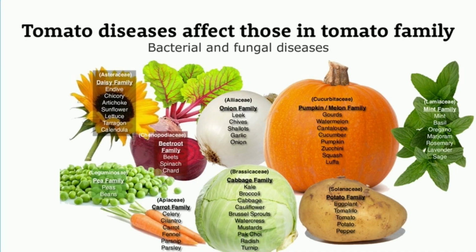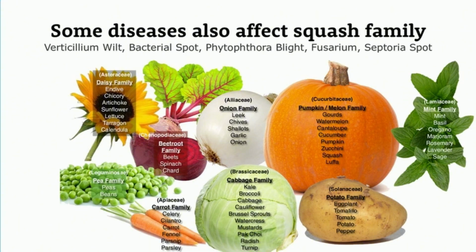Tomato diseases generally affect those in the tomato family, but some of them also affect the squash family. Some of the ones that you see here, don't worry if you aren't familiar with these right now. You're going to learn a little bit more about them later. Some of those diseases will also affect squash and cucumbers.